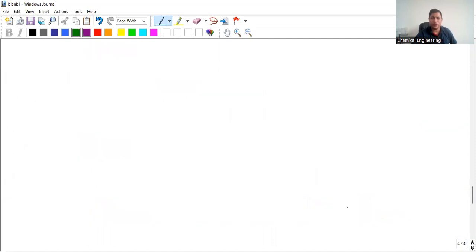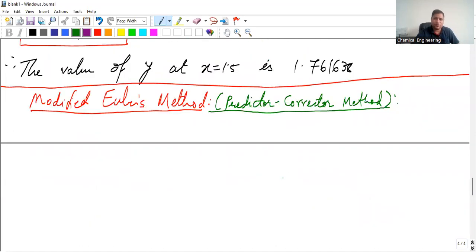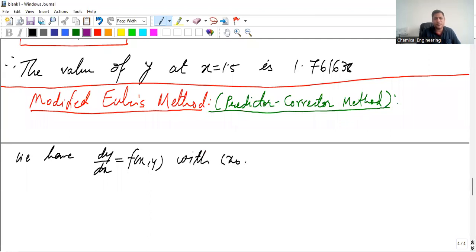So what the modified Euler method is, we need to understand. Here we have the given things as usual. We have dy by dx is equal to the function of x and y, with the initial conditions x0 and y0.